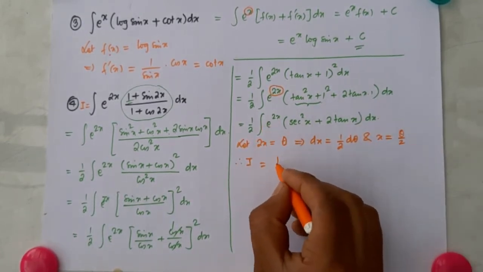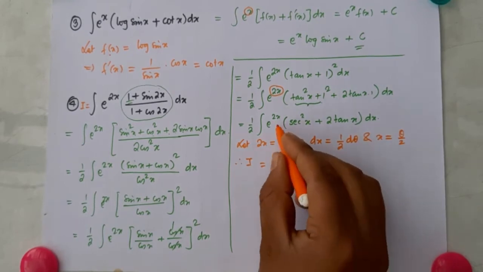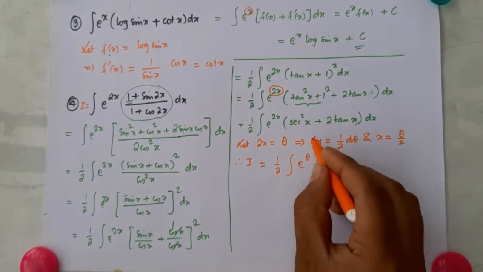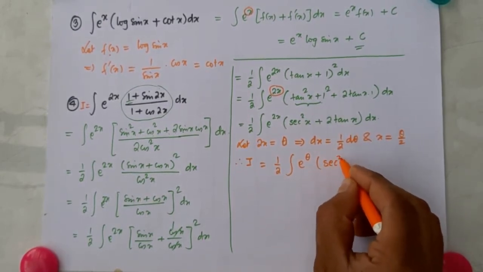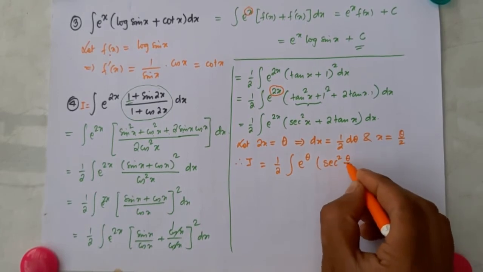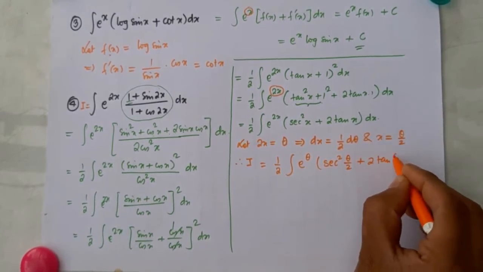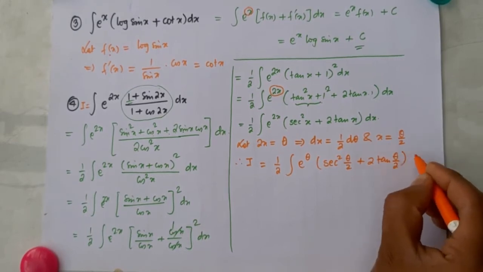So this becomes half, and we have e to the power 2x, which is theta, so e to the power theta. So this becomes sec square of theta by 2 plus 2 tan theta by 2, dx.